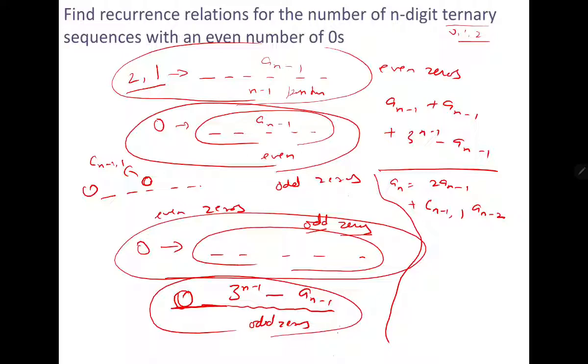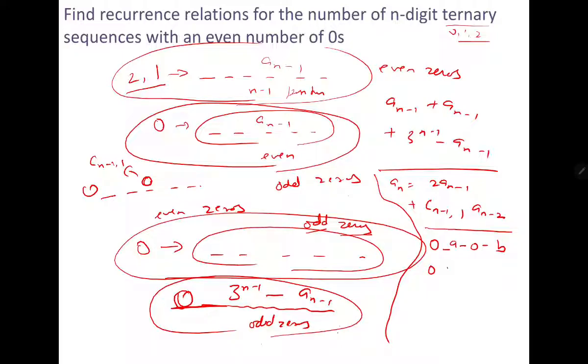Now is this recurrence relation correct or not? Please think over it and you will realize that it is not correct. I will tell you why. Let's say you start with the 0, then A, then 0, then B. So here you choose 0 at the third position.